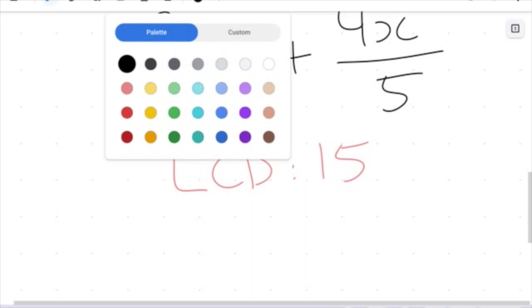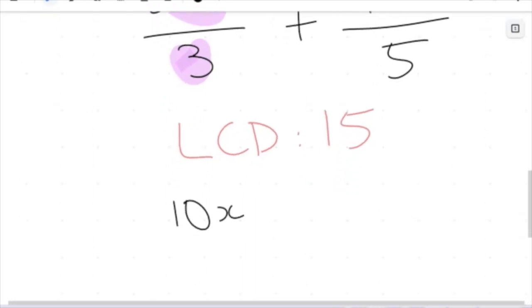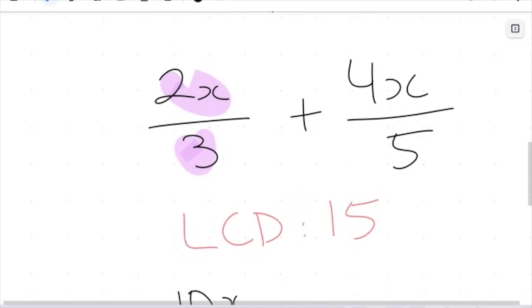So both the numerator and denominator on the left hand side are once again going to multiply by 5. So 2x multiplied by 5 gives us 10x. 3 multiplied by 5 gives me 15. That's where we wanted to be, because we want a common denominator of 15.